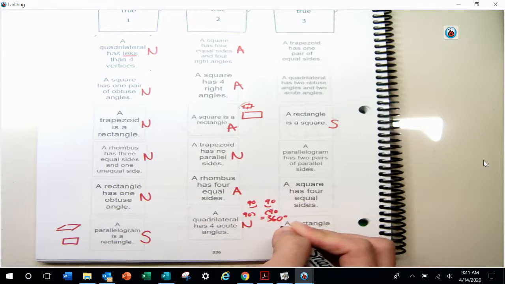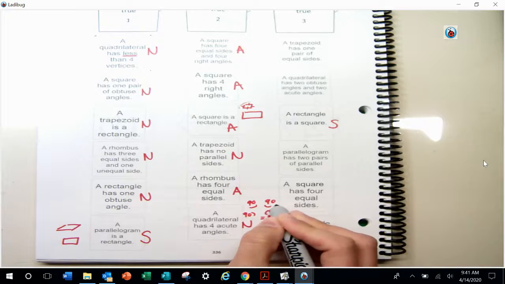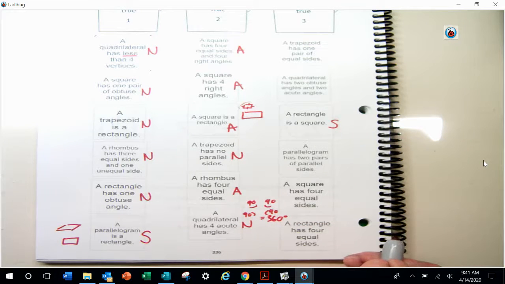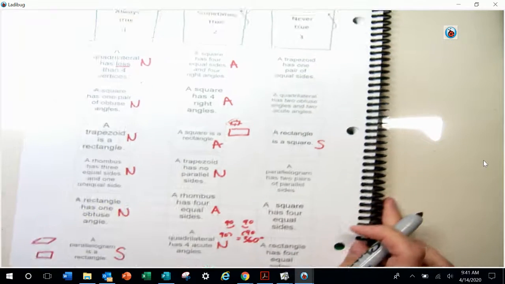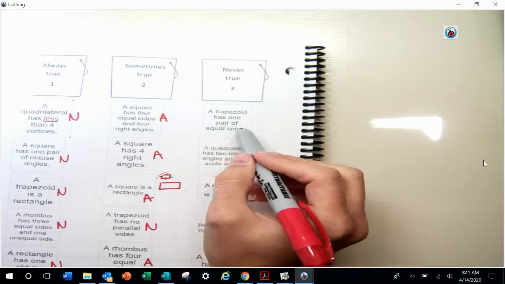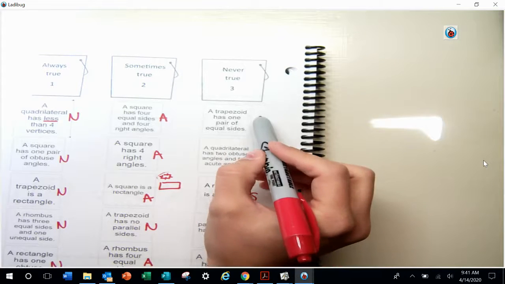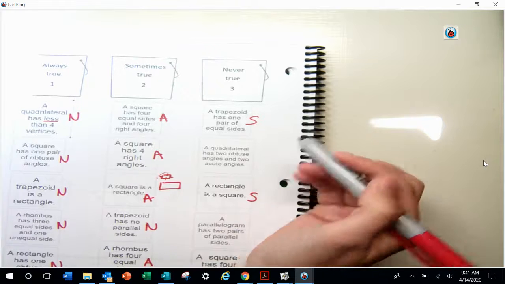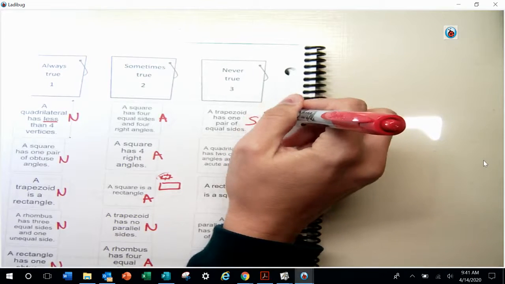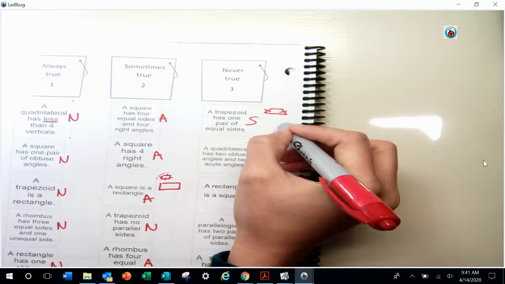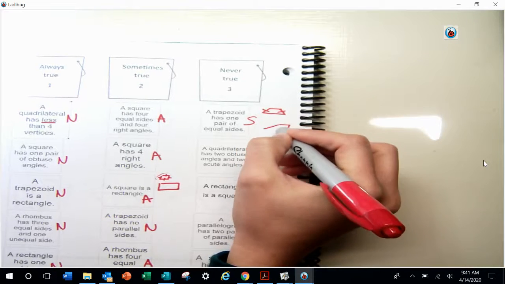If I had 4 acute angles, meaning less than 90, that would be less than 360. So that would not work, ever. A trapezoid has 1 pair of equal sides. This is sometimes true. Sometimes we get this beautiful trapezoid where this side is equal to that side. But other times, we might have a trapezoid that looks like this.